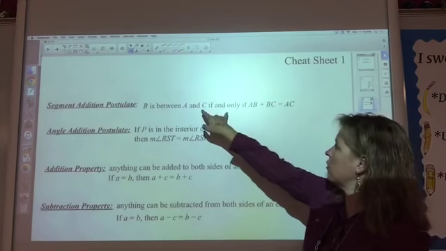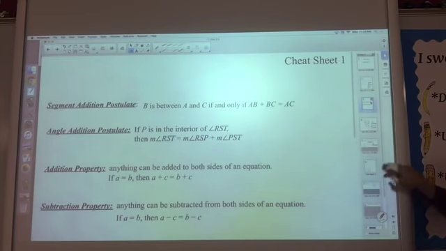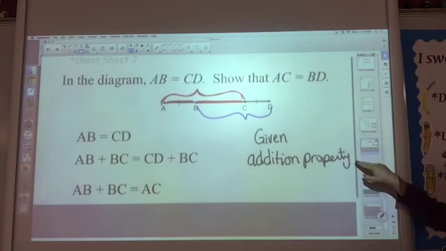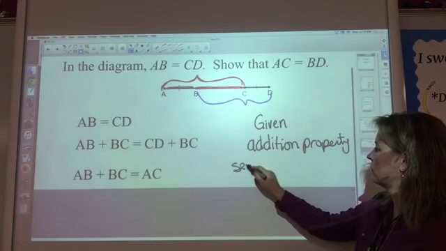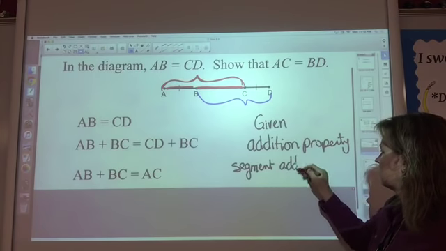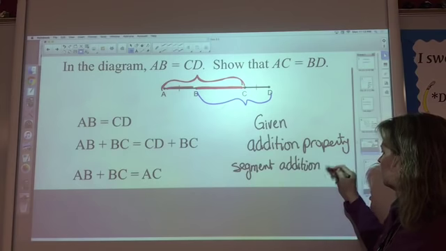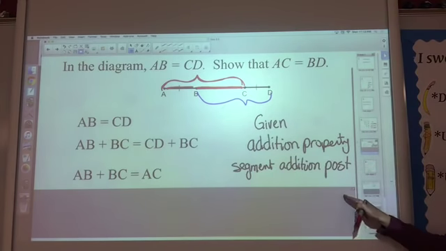We know that that's true because of the segment addition postulate. It even has the same letters for us. So we have to use over here the segment addition postulate. I just put POST, P-O-S-T.